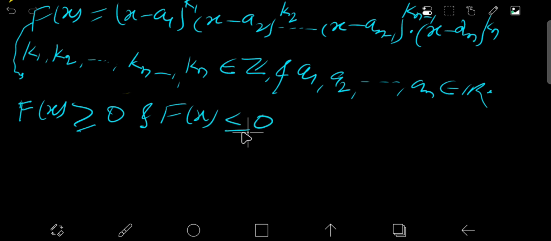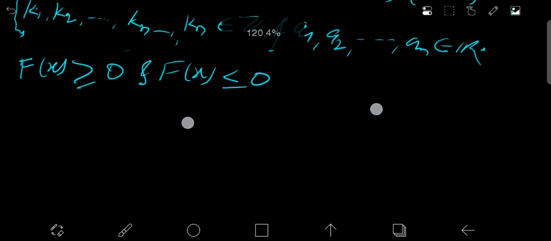Then how do we assume the sign on the real number line? If it is given as greater than or equal to 0, then we take the positive intervals, and if it is given as less than or equal to 0, then we take only the negative intervals as the solution, and in the other case we take the positive intervals as the solution.